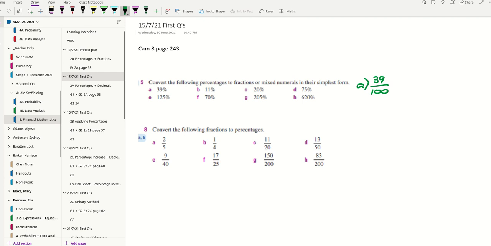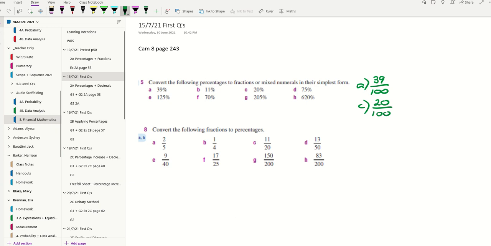If I look through and just pick a different one, and I want you to do all 8, if we look at C, which is 20%, we would first change that to 20 on 100, and then I'll get my calculator and do it to make sure it works at the same time.